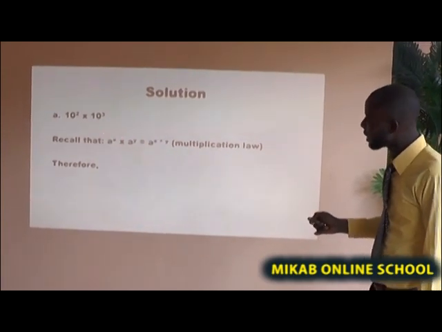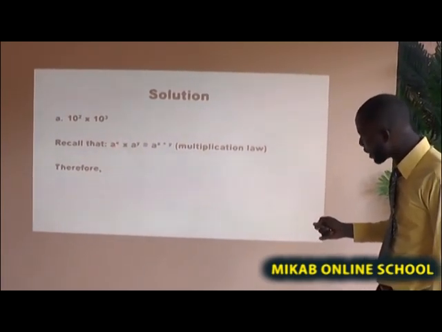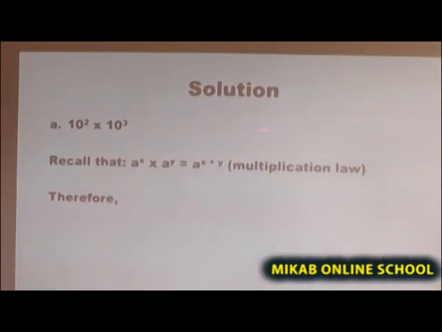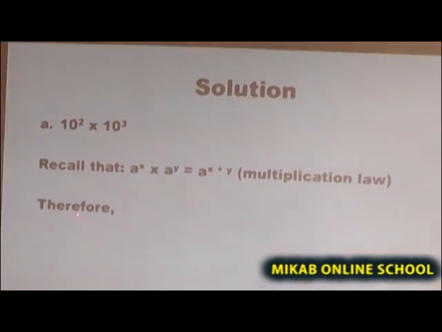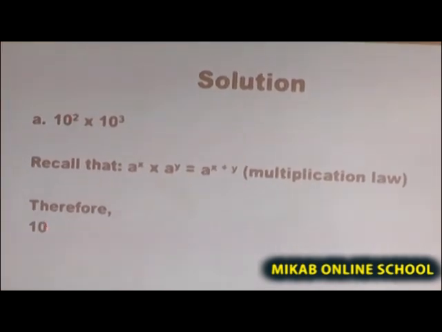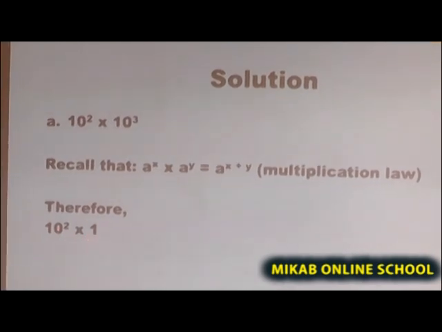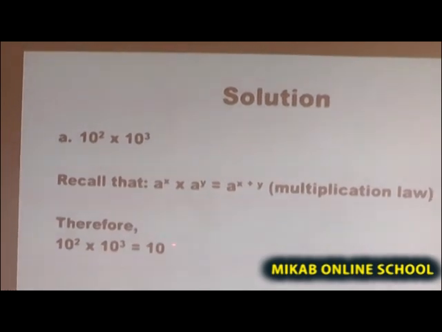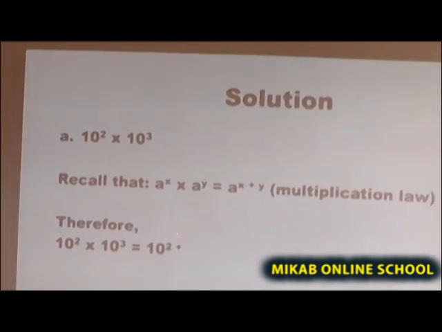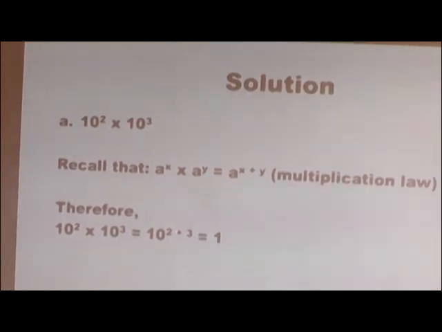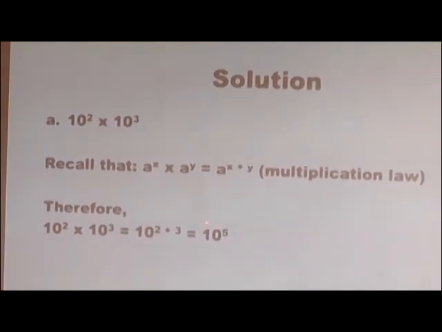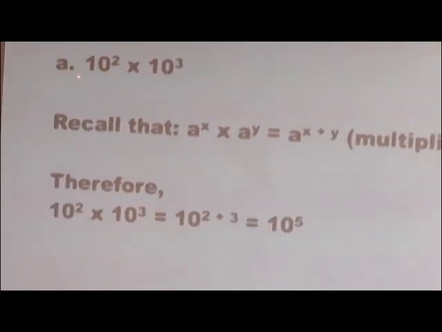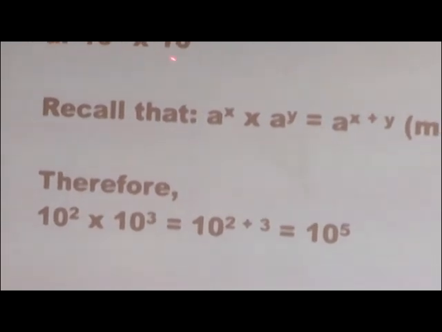You should recall that this and this must not be equal to 0 before this law can hold. Therefore, 10 raised to the power of 2 times 10 raised to the power of 3 will now equal 10 raised to the power of 2 plus 3. And if you add these two together, we arrive at 10 raised to the power of 5. This is the solution of this first example given to us.